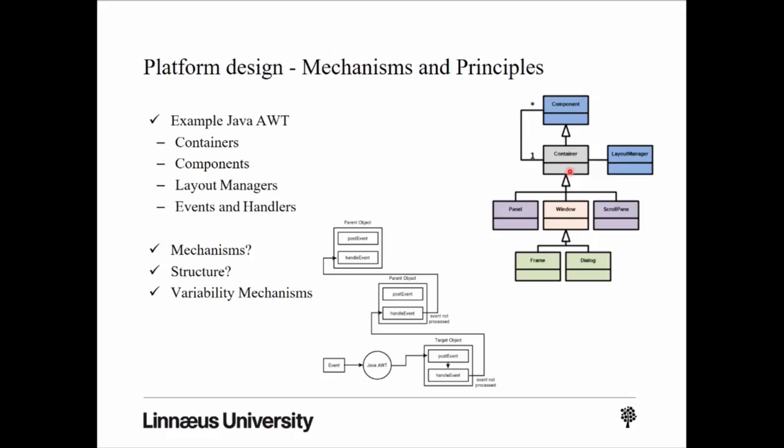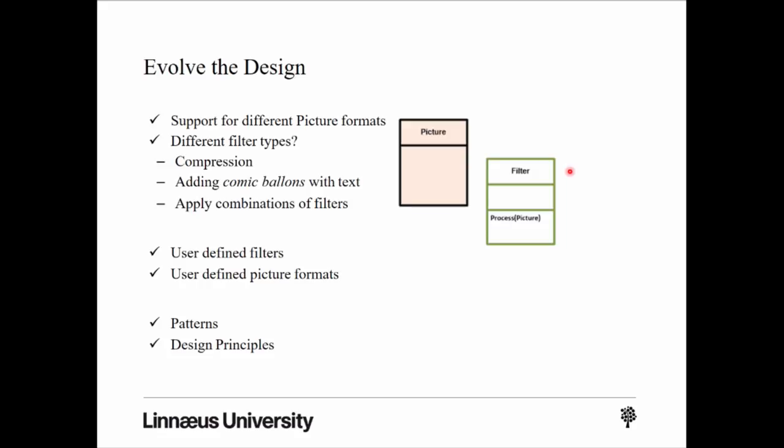When you have that, well, you can start to evolve the design, adding support for variability. User-defined filters, what is that? User-defined picture formats, what is that? Do you have a specific variant supporting, well, comic balloons with text on your pictures?